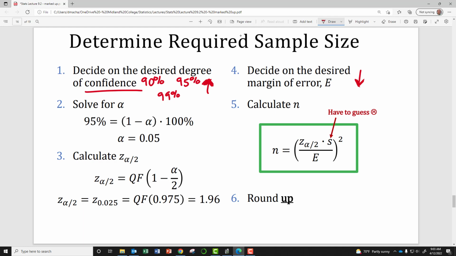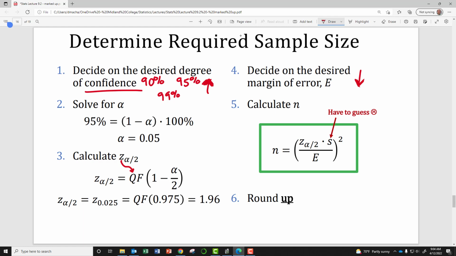So if you have a 95% confidence that you want, your alpha will be 0.05. You're going to calculate a z with subscript alpha over 2. So remember, when you see the lowercase z, that means the quantile function we're referring to is the standard normal quantile function. Then we're going to calculate n using this formula.